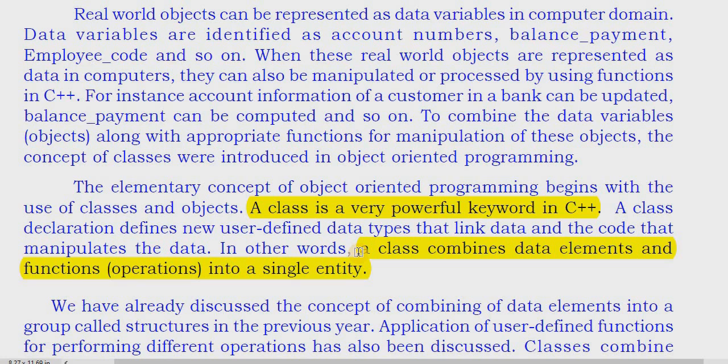A group of all fruits becomes one class because all are the same type, all are fruits. In this group we cannot add tomato or potato, these are vegetables. So similar items can be grouped into a single unit, that is called a class.